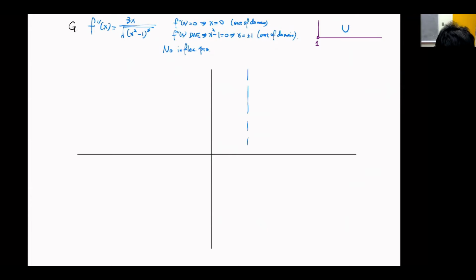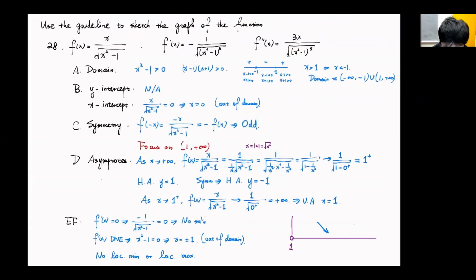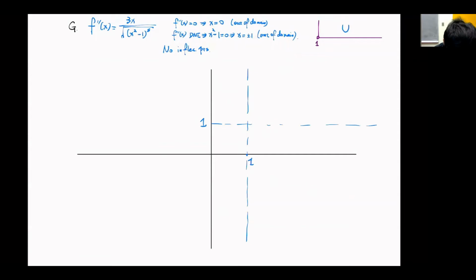This is the vertical asymptote at the number 1, and this is the horizontal asymptote at y equals 1. We know that the function is approaching positive infinity to the right of 1, and the function is approaching 1 from above as x gets large. This basically makes it possible for us to draw these two bits of the function.